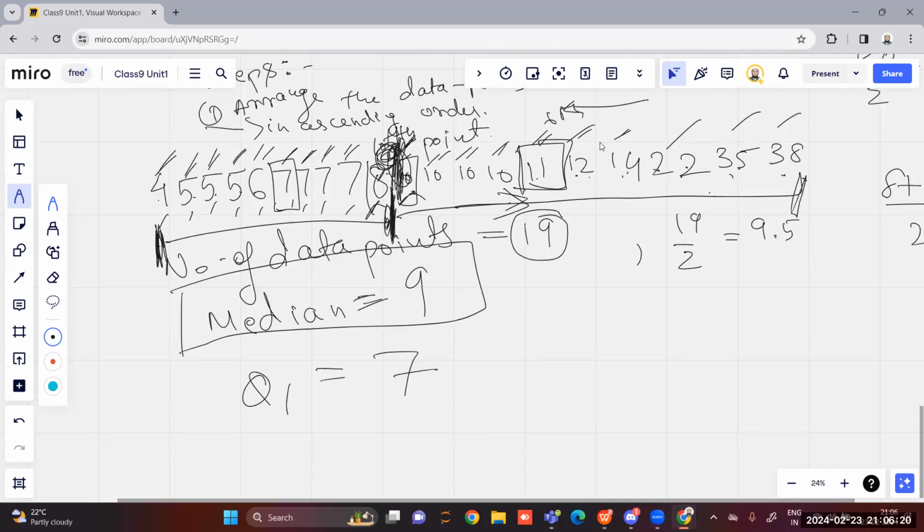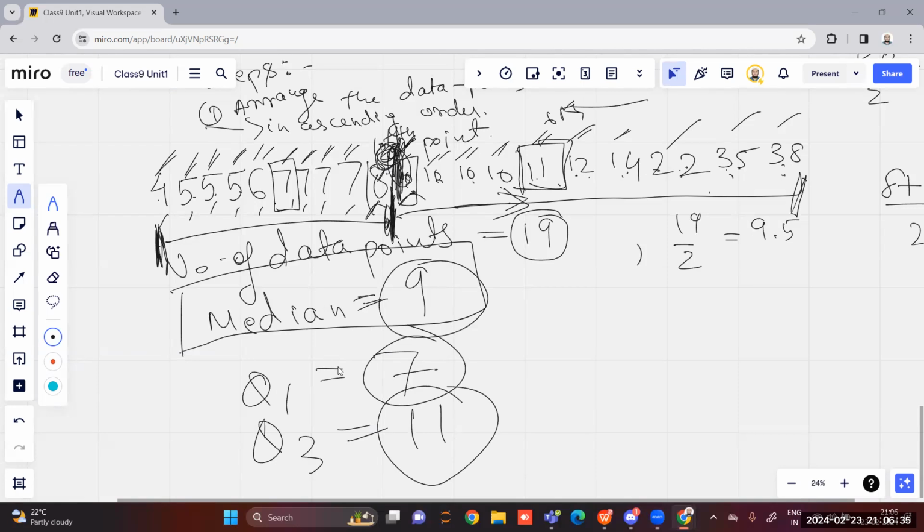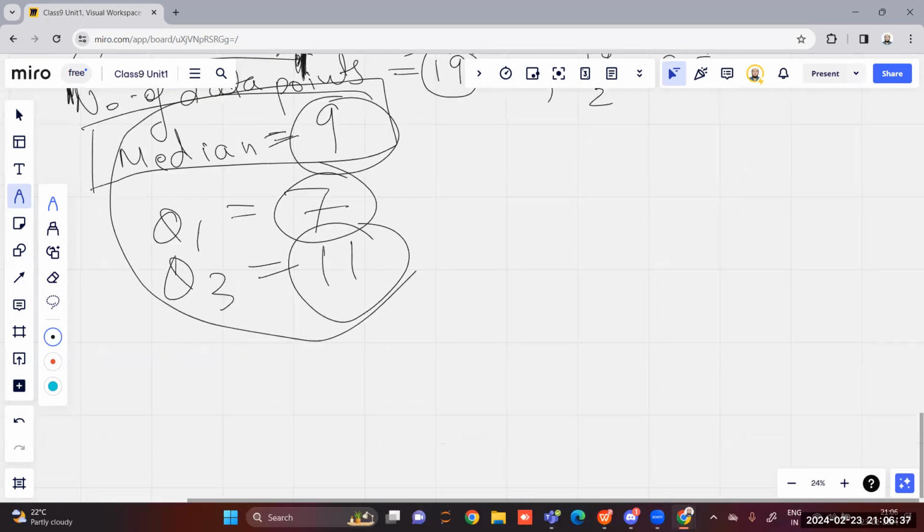This is the sixth data point. So our Q3, the median from the right, has become 11. We have got all these three. I've calculated these three by the definition of the textbook.